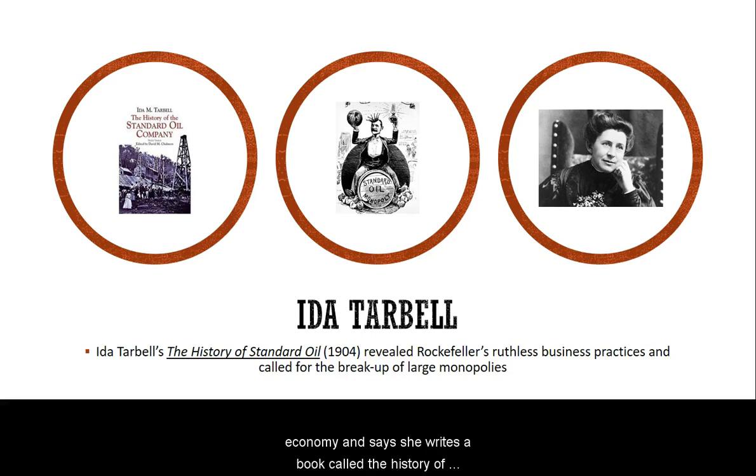And so she writes a book called The History of Standard Oil and then publishes it in 1904. And in her book, she basically writes everything down about Rockefeller's ruthless business practices, his paying the workers too little and things like that. And she advocates for breaking up monopolies and brings all of the issues of monopolies to the forefront of people's minds.